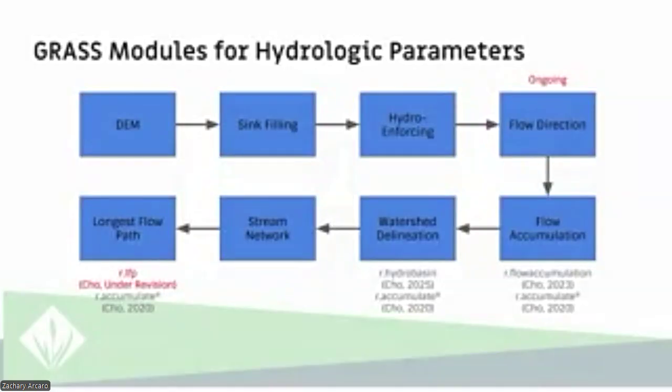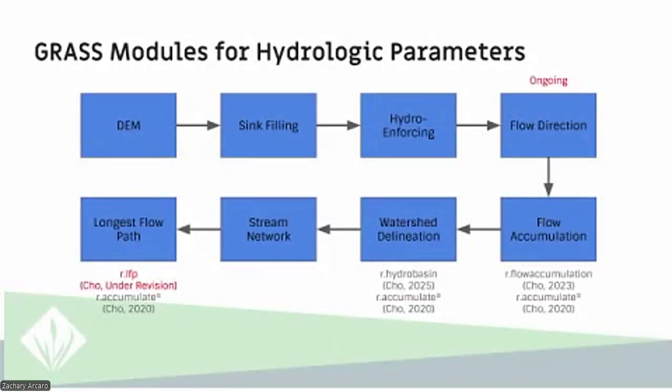So I developed r.flow accumulation. It is OpenMP parallelized, and in this algorithm I just got rid of that intermediate matrix, no more. So what does it mean? You can reduce the number of writes, number of bytes, to and from that intermediate matrix. And this saves a lot of memory I/O, saving computational time.